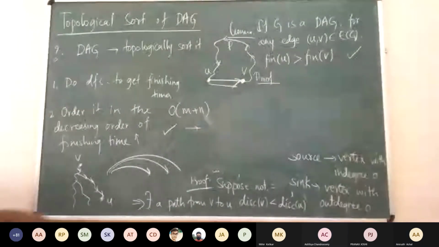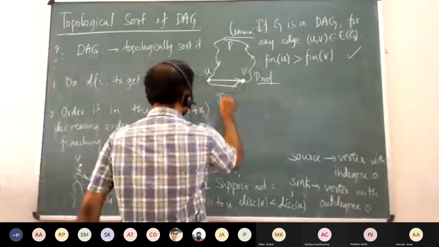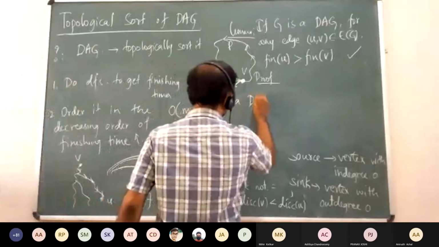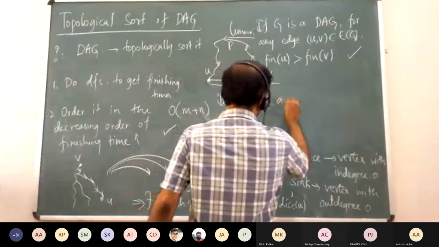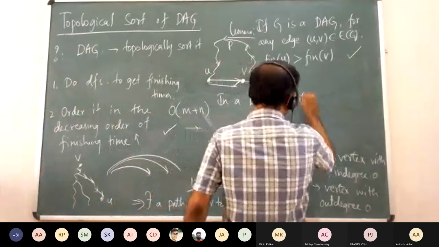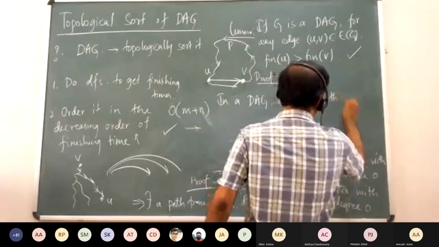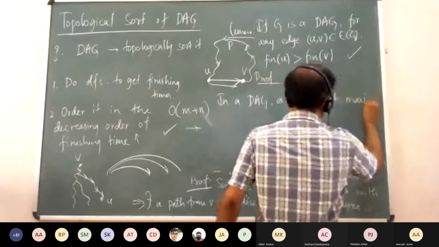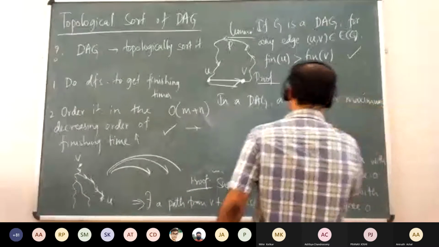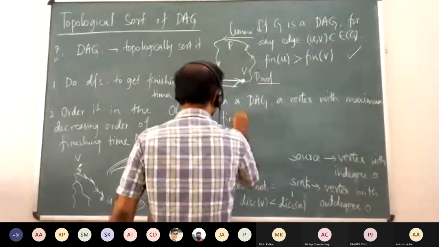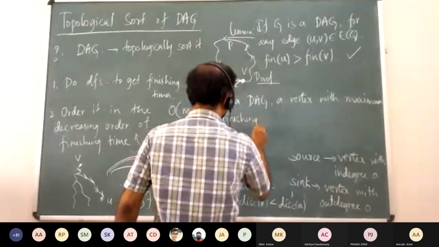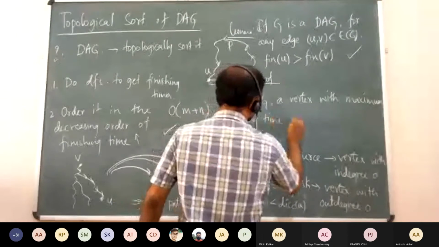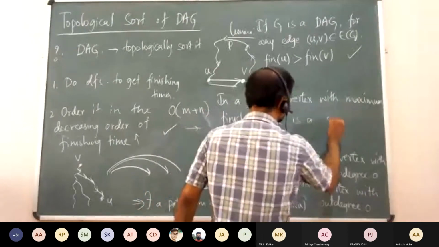So in a DAG, a vertex with maximum finishing time is a source.